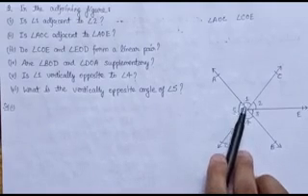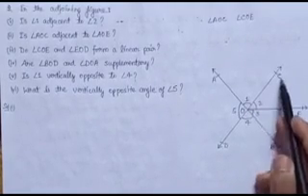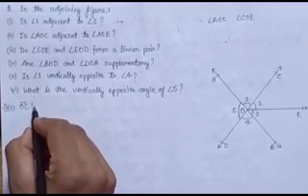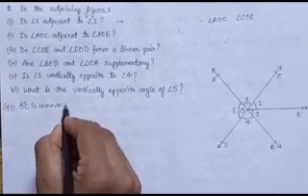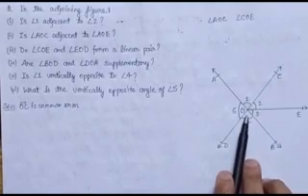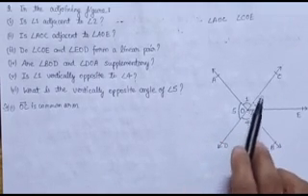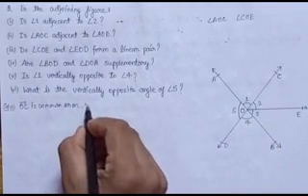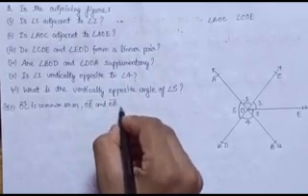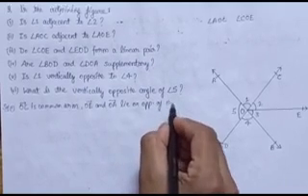So here for angle 1 and angle 2, you can see that there is a common arm OC, and the other arms of angle 1 and angle 2, that is OE and OA, lie on opposite sides of the common arm OC.